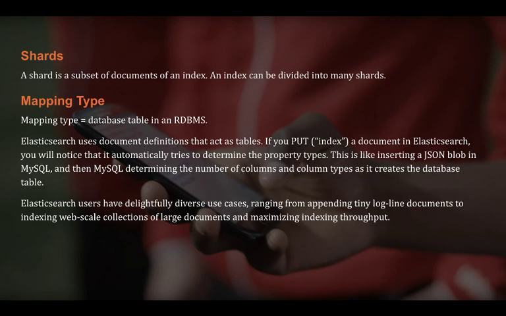If you index a document in Elasticsearch, you will notice that it automatically tries to determine the property types. This is like inserting a JSON blob in MySQL, and then MySQL determines the number of columns and column types as it creates the database table.